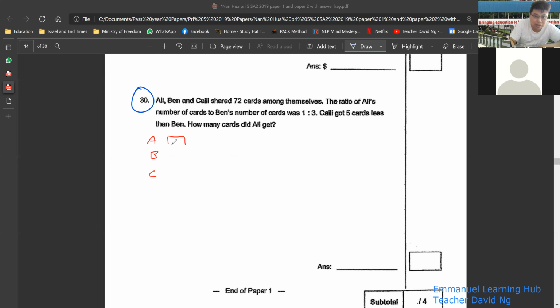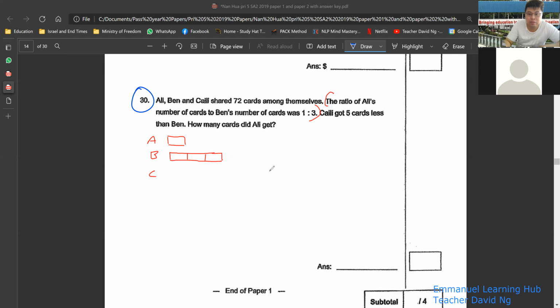Make sense? Yes. If they already imply that, it will make your life a lot easier. By drawing out this model, I have already reflected this statement in my model.